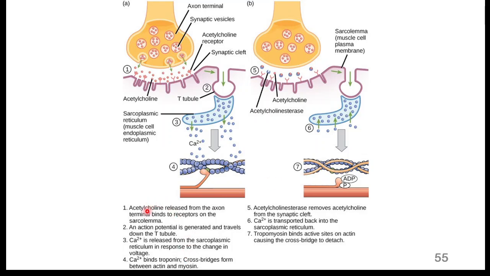So what happens after acetylcholine binds? The potential generated is strictly called the end plate potential. It travels down the T-tubule and causes release of calcium.